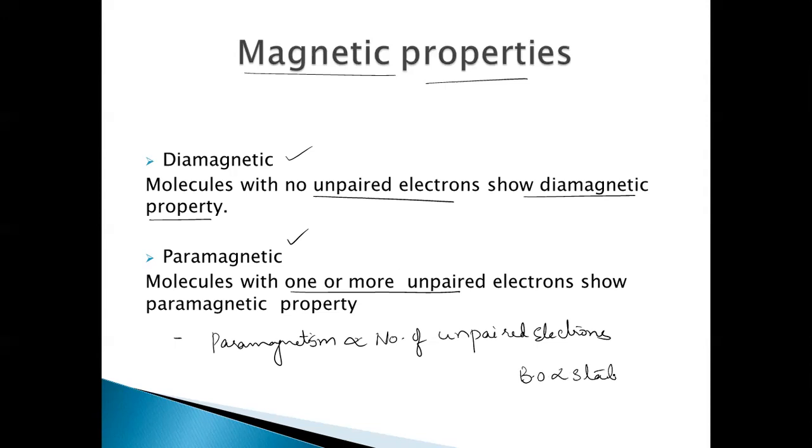That means the more the bond order, the more stable, directly proportional to the bond dissociation energy and inversely proportional to the bond length. And next is magnetic properties. If there is an unpaired electron, it is paramagnetic, and with no unpaired electrons, it is diamagnetic.